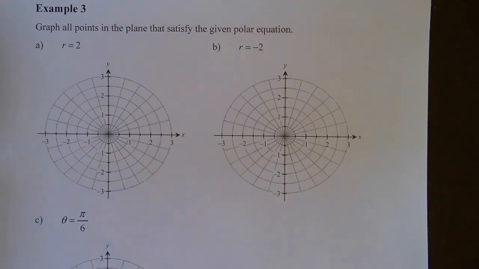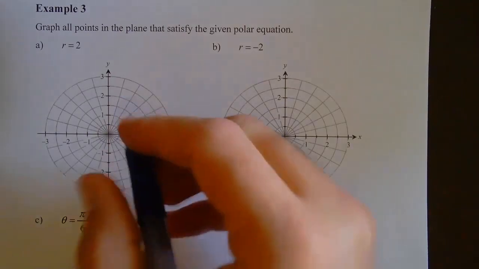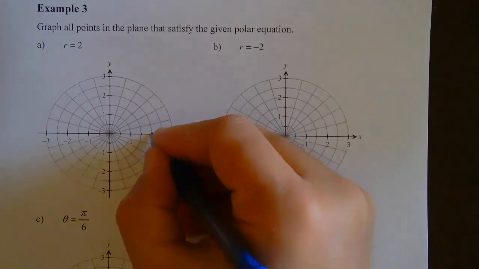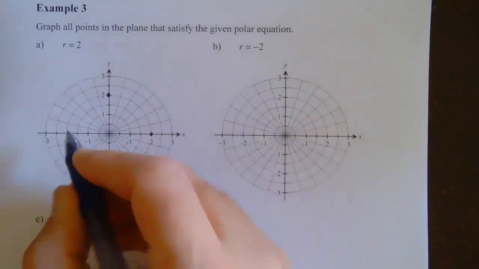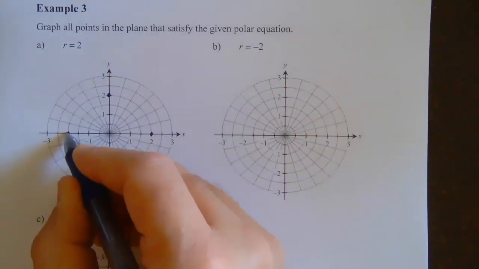So R equals 2. What would R equals 2 mean? It means all the points where the radius is 2. Doesn't matter what the angle is, okay? So if the angle doesn't matter and the radius is 2, well, that'd be a point right there, right? Well, right here would be a point. Well, also right here would be a point, right?